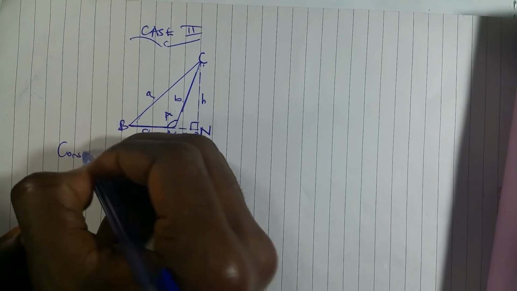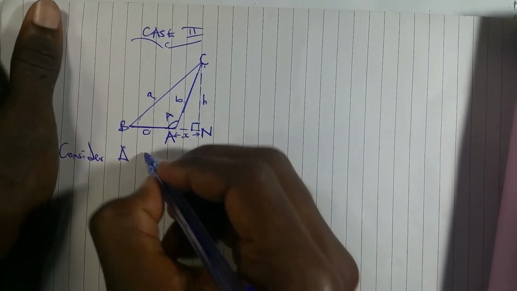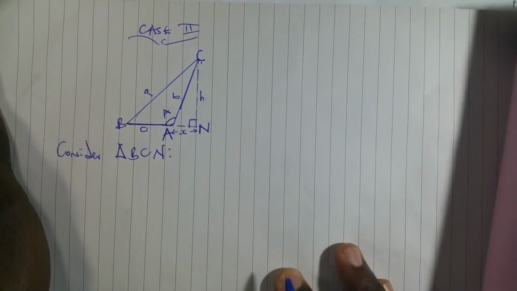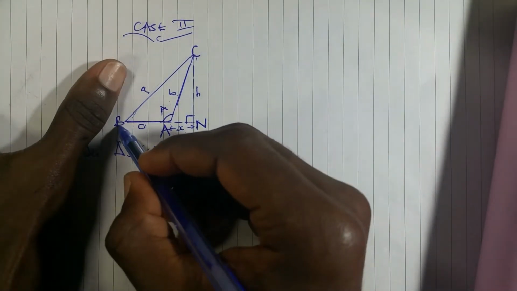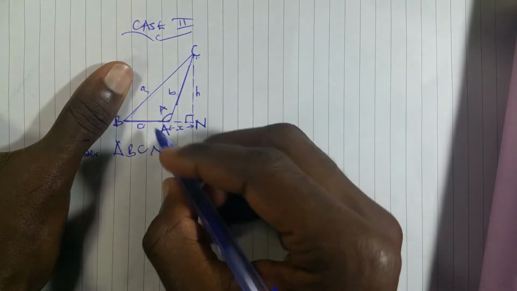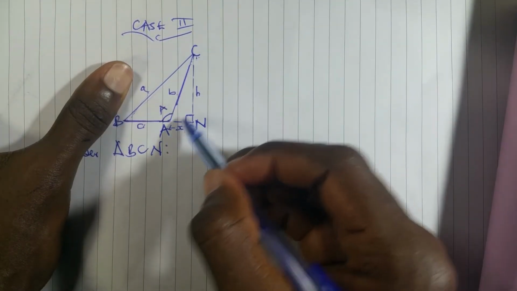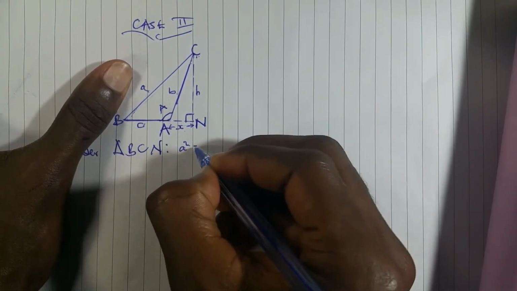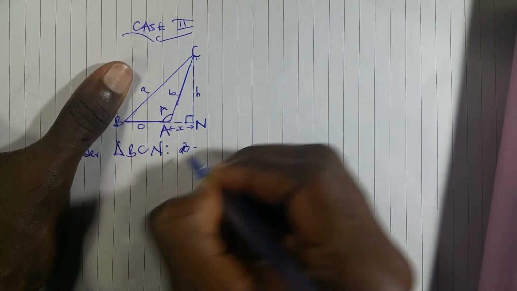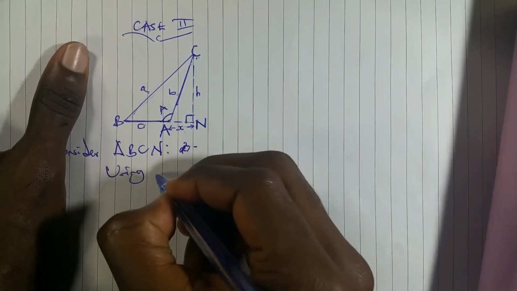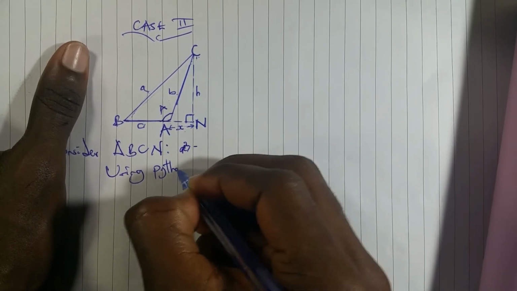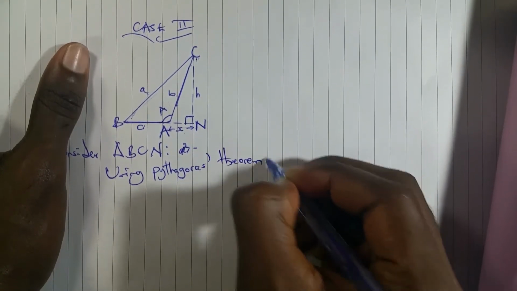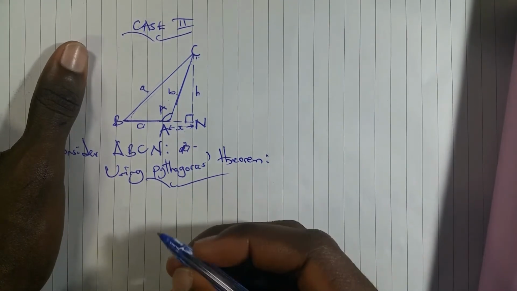Let's consider triangle BCN. So in this BCN, our hypotenuse squared will be given by the sum of this side squared plus the height squared. So we have A squared, from Pythagoras theorem. Let me make that clear, because in math you need to clearly specify the rule or theorem you've used, so that someone does not question where you're bringing something from.